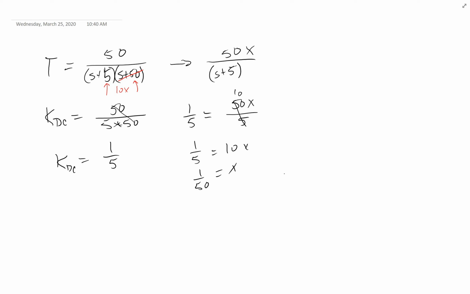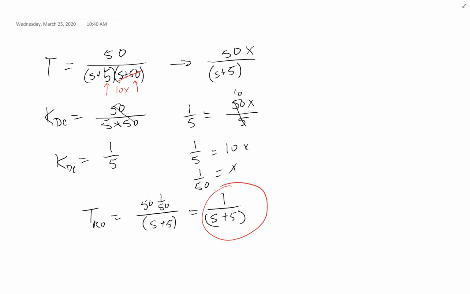So our final reduced order model is going to be 50 times 1 over 50, divided by s plus 5, or simplifying that, 1 over s plus 5. Okay, so this would be equivalent to this.